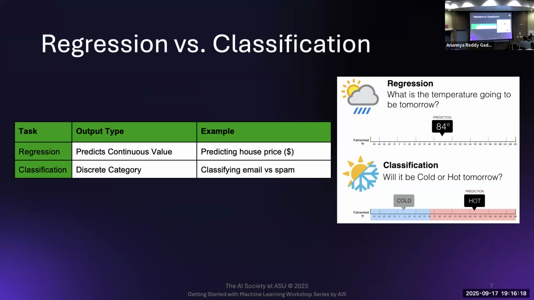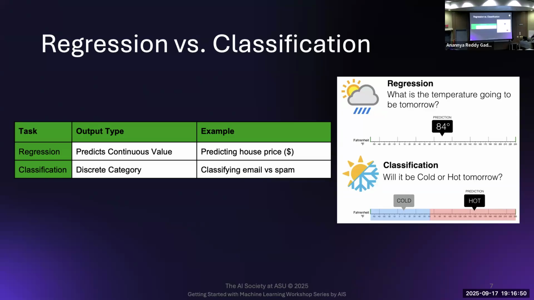Let's understand this with a visual. Regression predicts continuous values, for example predicting house price. When you give, for instance, the number of rooms in a house, it predicts a price based on the number of rooms. Whereas classification classifies whether a particular email is spam or not.